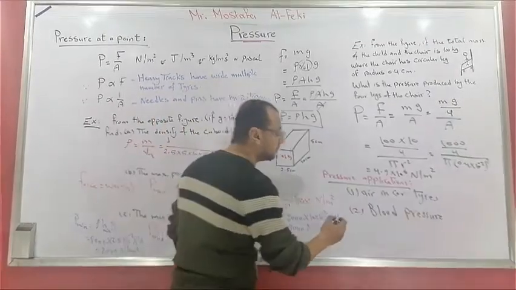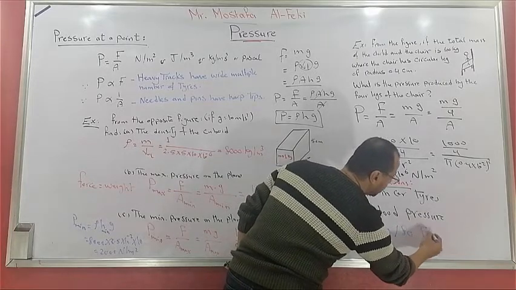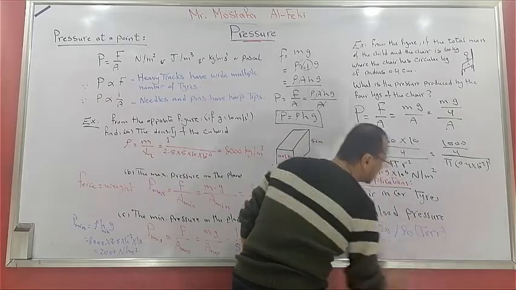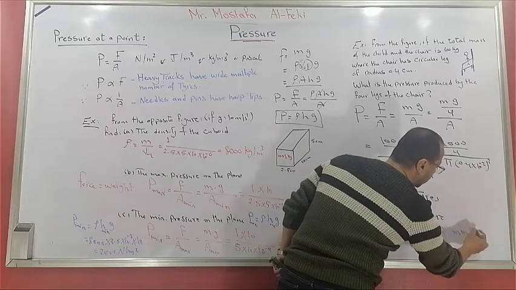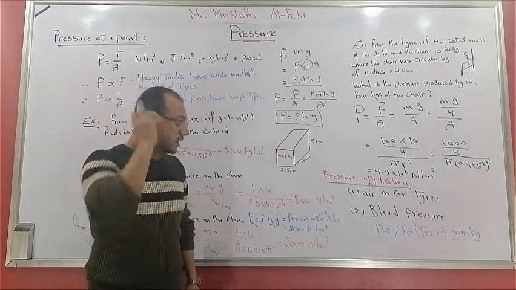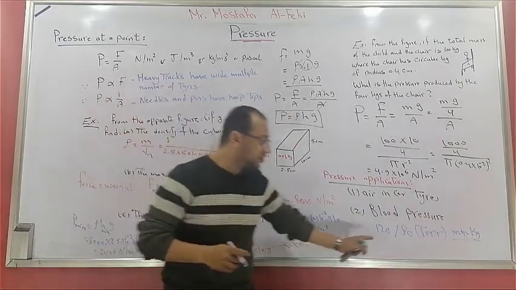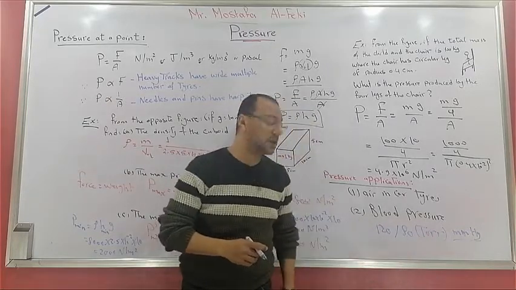So the normal blood pressure is 120 over 82, measured in torr or millimeter mercury. We will take it in the next lesson. 120, 82, systolic and diastolic pressure.